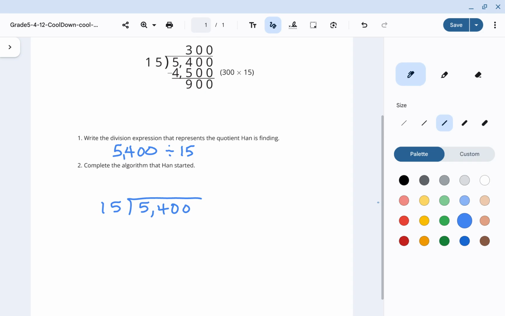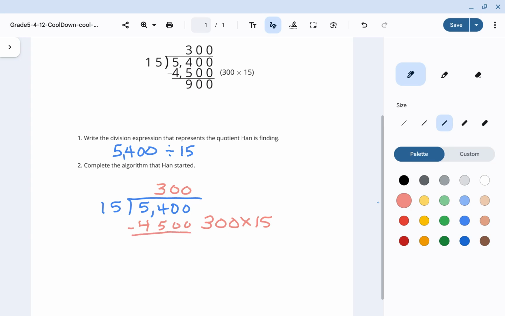The very first thing that he did was say, okay, I know that I could get 300 groups of 15 from 5,400. So 300 groups of 15, or 300 times 15, would be 4,500. So that's the first thing that he did.